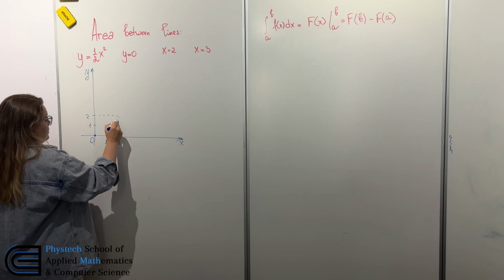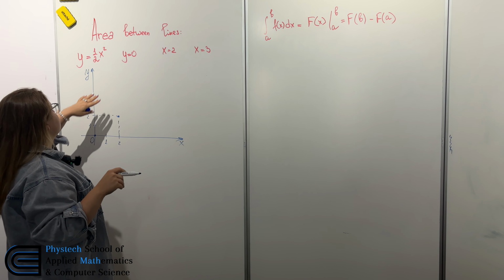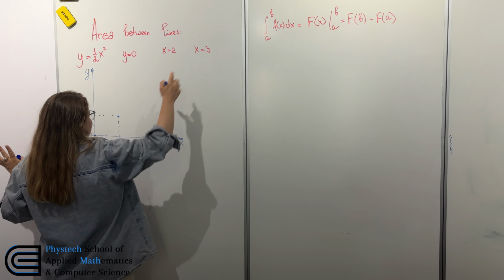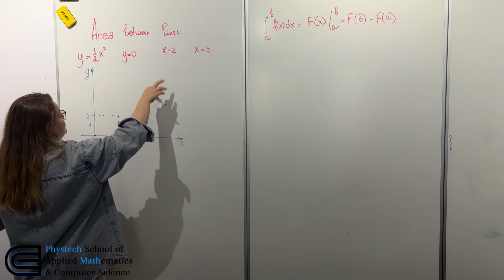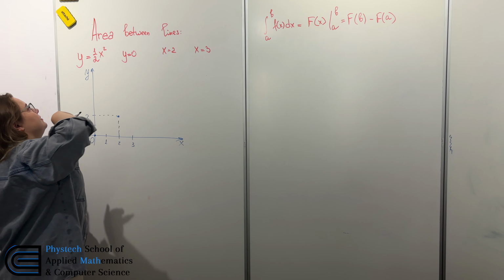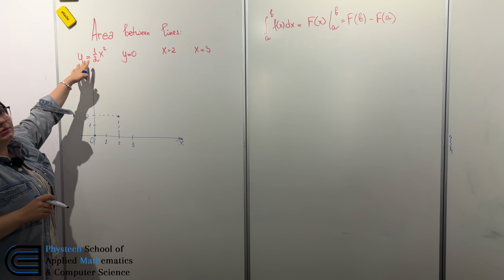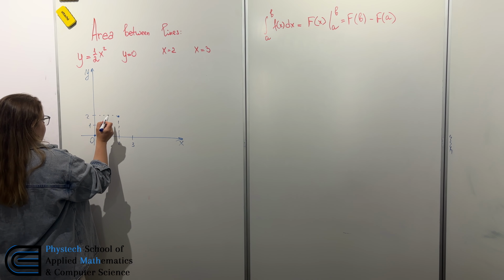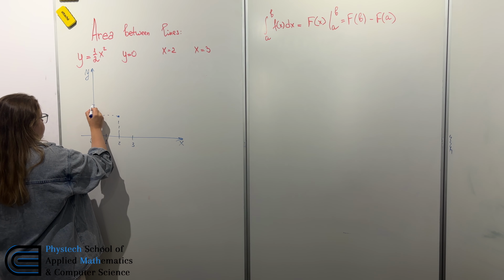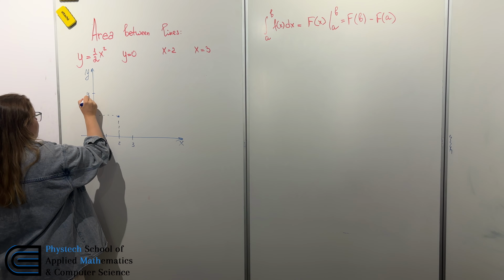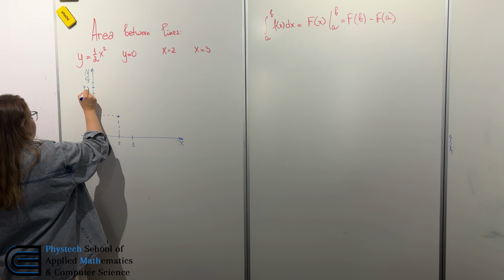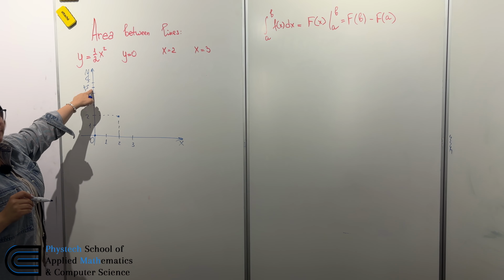Okay. And then, for example, and well, we will need it, our x equals 3 gives us y equals 9 divided by 2, which is 4.5. 1, 2, 3, 4, and here will be 4.5.